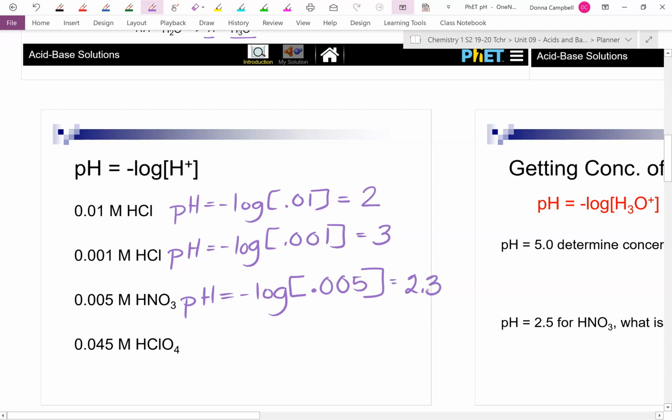I'm just putting it in my calculator. And pH is equal to the negative log of 0.045, and that is 1.3.